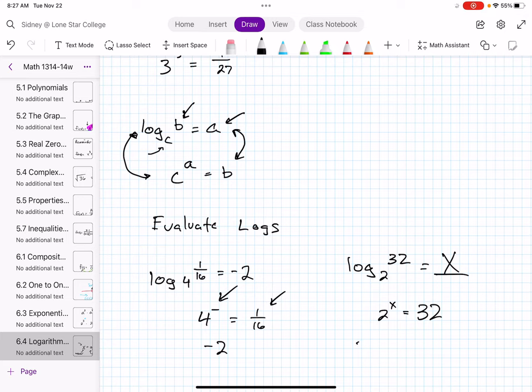If you're not sure, just start writing out. 2 times 2 is 4, times 2 is 8, times 2 is 16, times 2 is 32. So that's 1, 2, 3, 4, 5. So log base 2 of 32 is 5. So you should be able to evaluate logs, once again dealing with positive and negative exponents. Yeah, a lot to figure out there.